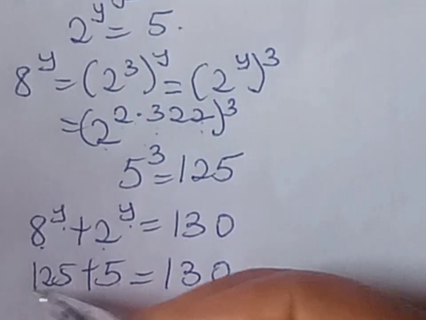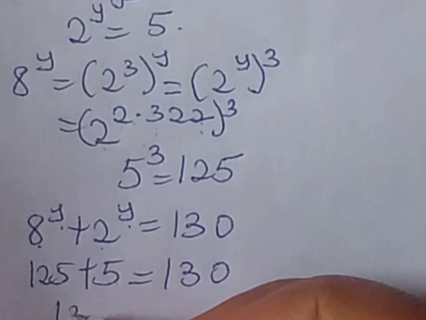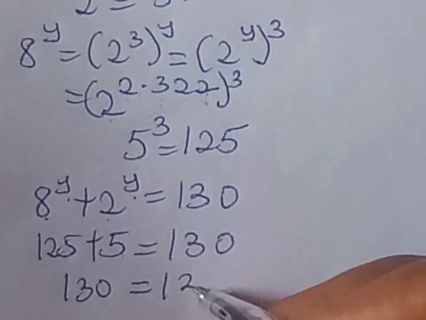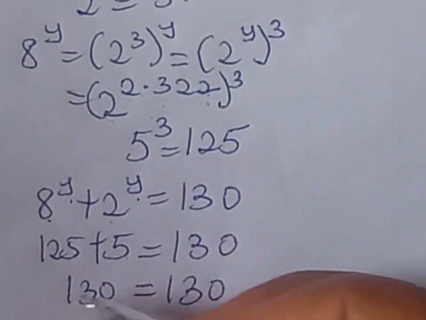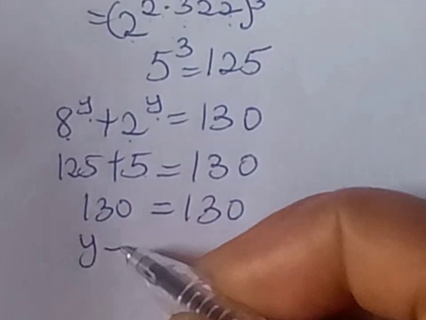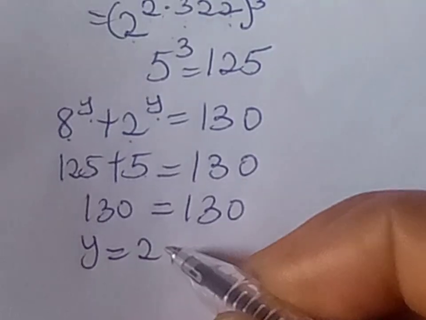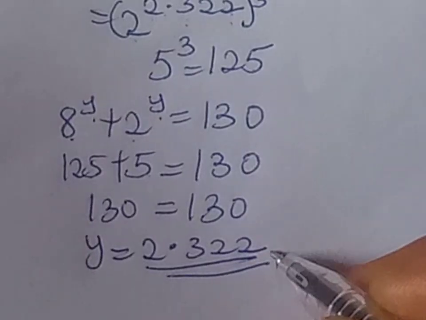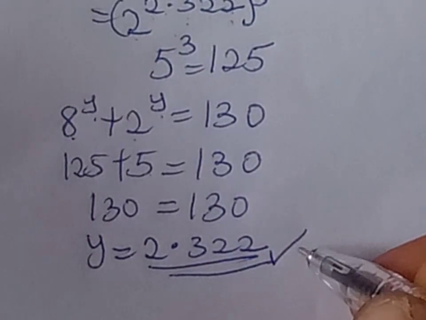So can you see now that on the left side we have 130, and also on the right side we have 130. So our y in this equation is 2.322, which is the final and correct answer.